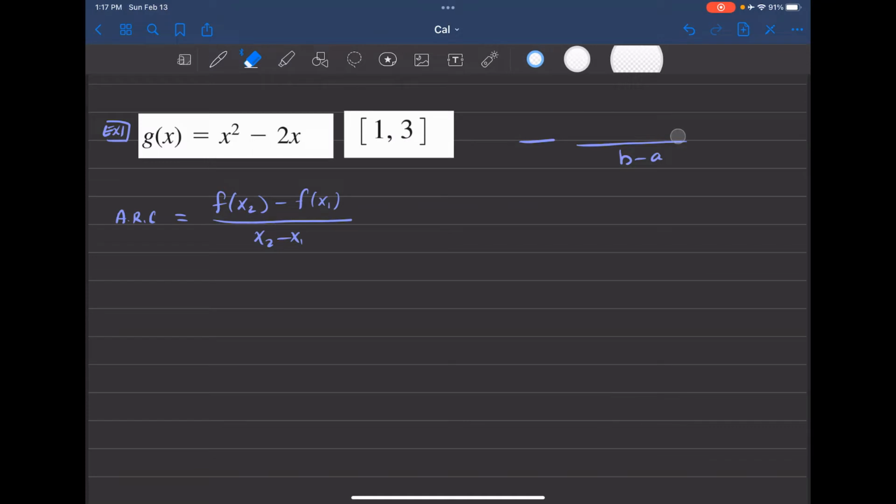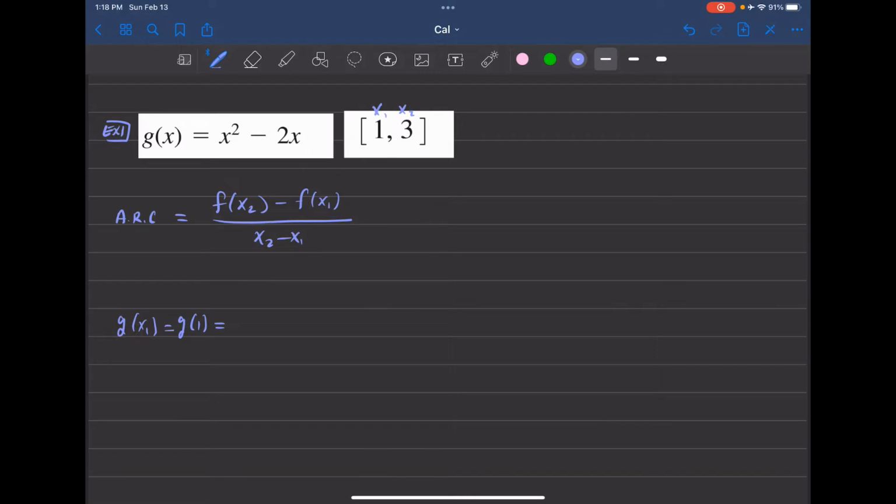So let's go ahead and label our x1 and x2. The first coordinate will be the x1. The second one will be x2. So we need to find f of x1. So f of x1 would be f of 1. Plug in 1 into the function. Now in this notation, we're going to be using g instead of f. Just switch a little bit.